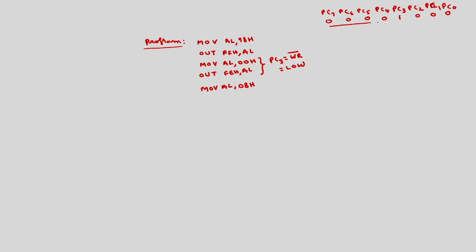This is 0 hexadecimal, this is 8, 08H. Then OUT to the same port C, FE. So this will make PC3, which is WR bar, high. This low to high transition will start the conversion.